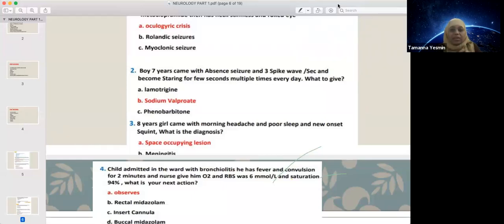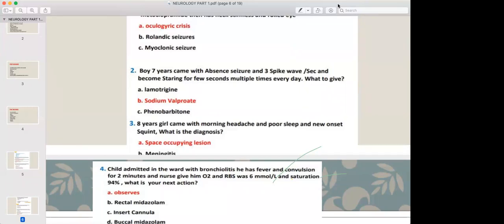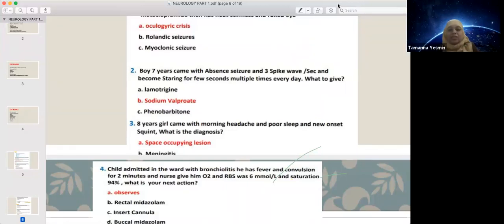See, I told already that new onset nerve palsy, squint, is very important for raised intracranial pressure. So what is the diagnosis? Space occupying lesion, because of morning headache, early morning vomiting, less sleep, with new onset squint. This is a space occupying lesion. Yes, done. Next question.